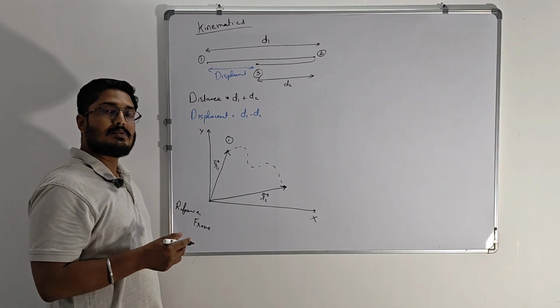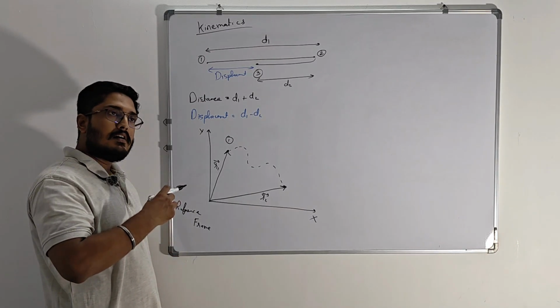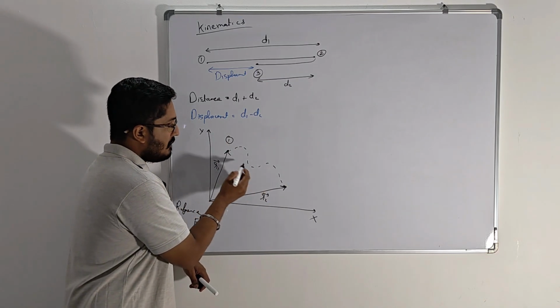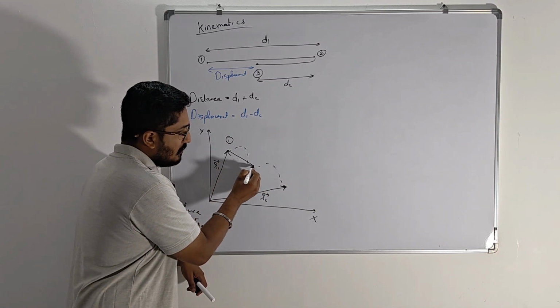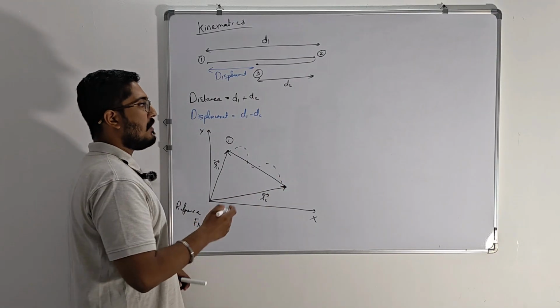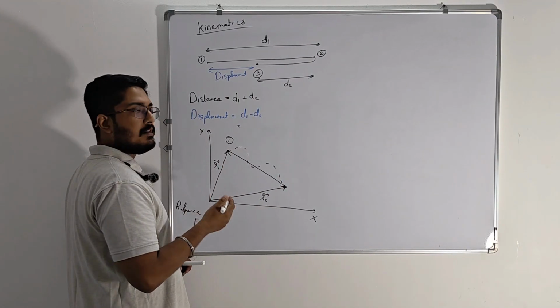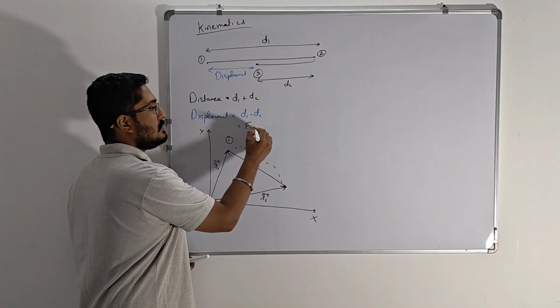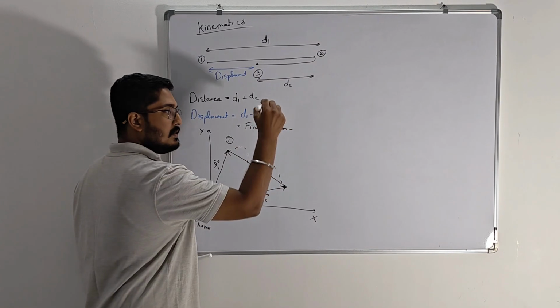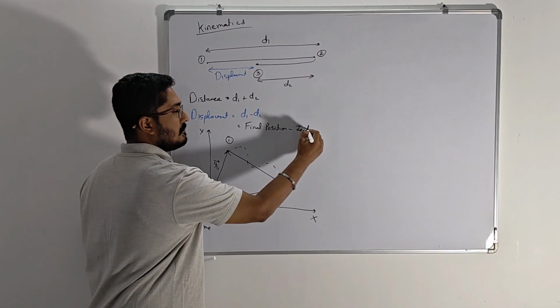Okay. Now what is displacement? We said displacement is nothing but the shortest path between the initial and the final. So if I talk about the shortest path, won't it be this straight line? A general way of defining displacement can also be written in this way: final position minus the initial position.